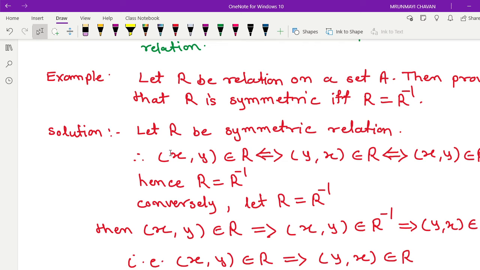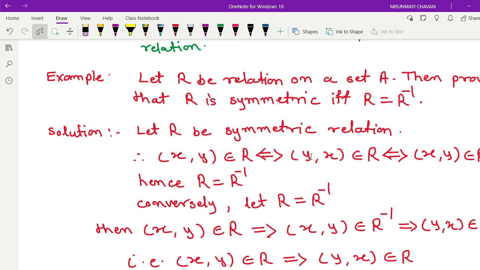That means if we consider R is symmetric, then we have to prove that R is equal to R inverse. And the converse part, if we consider R is equal to R inverse, then we have to prove that R is symmetric.